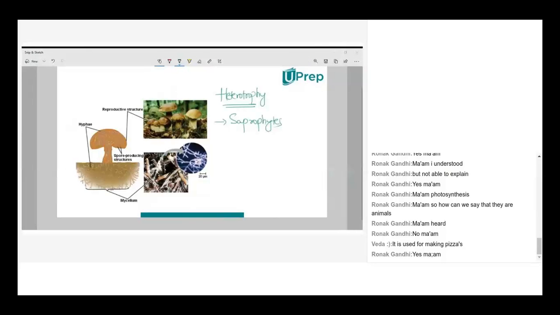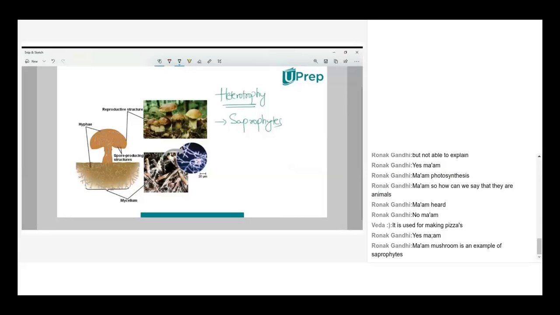Ma'am, an organism which takes nutrition from dead and decaying matter, isn't it? Saprophytes are the organisms which depend on dead and decaying matter. It may be an animal body or a plant body. There you will find most of the mushrooms growing. Best example of a saprophyte.